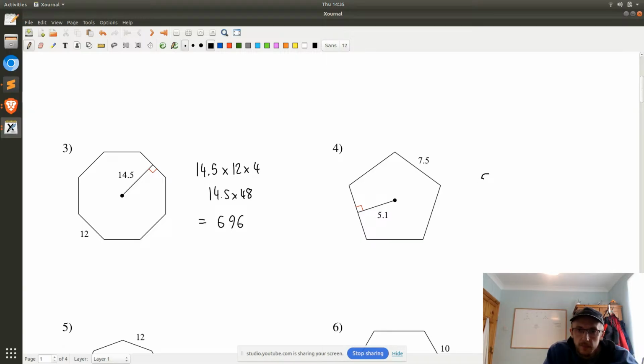So 5.1 times 7.5 times the number of sides, 5, and then all of that divided by 2.